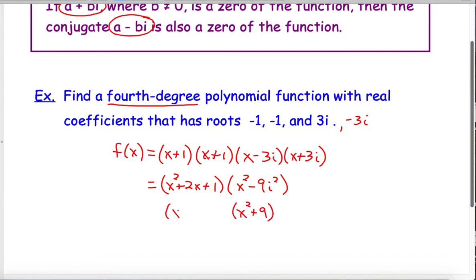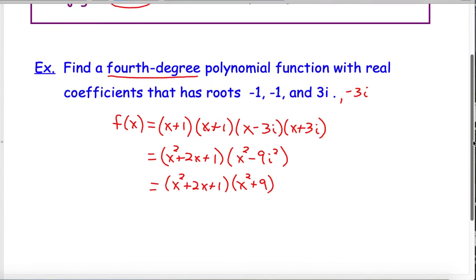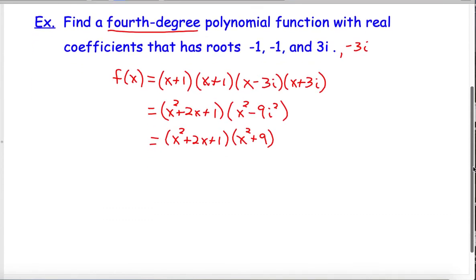And now I need to multiply these two, combine my like terms, and I'll be done. So let's start with the x squared term, multiply it by everything. I'm going to get an x to the 4th plus 9x squared. Notice I left a space there. Now I'm going to multiply the 2x, and I'll get 2x to the 3rd plus 18x.